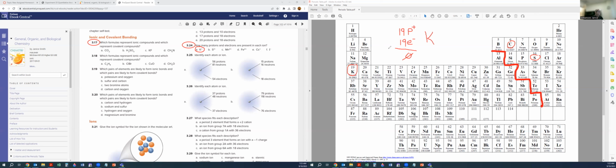The only way potassium could have a +1 charge to become an ion is if it lost an electron.